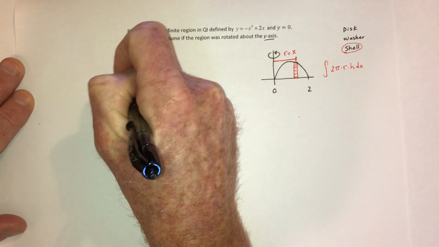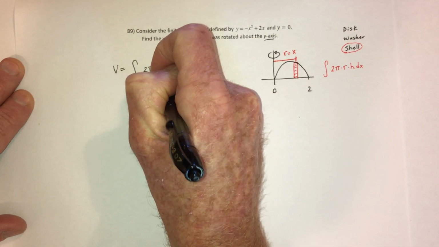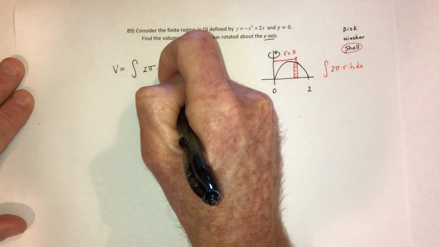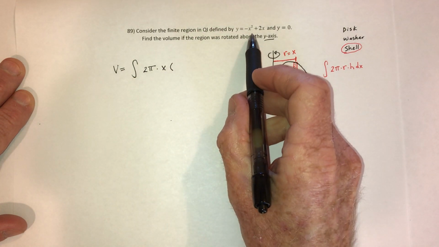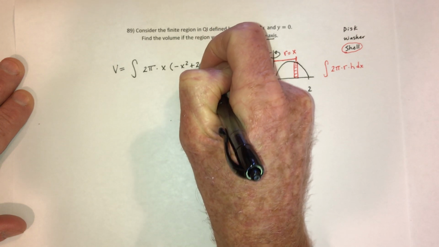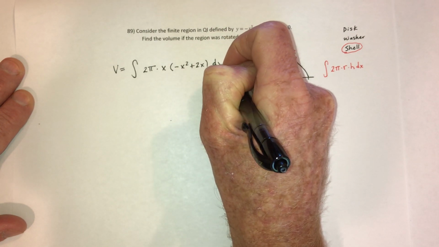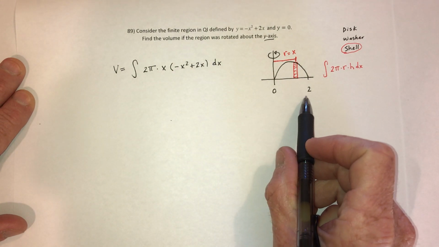So now we're ready to get to work. The volume is going to be integrate 2 pi times the radius, which is x, times the height, which really just comes from the parabola, negative x squared plus 2x. And then we're integrating with respect to x, and x is going to go from 0 to 2.